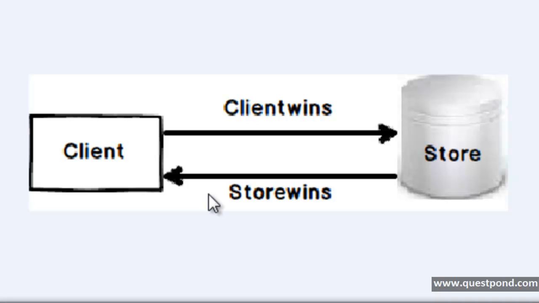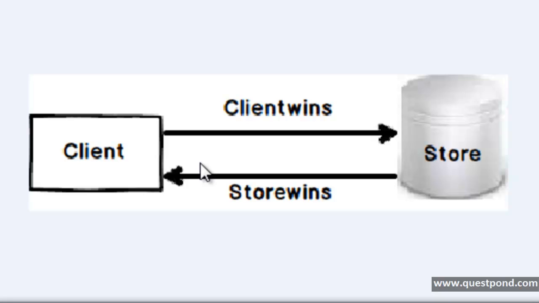So the user would like to do one of two things. He would like to update his data, that is the client data, to the database, that is the store, or he would like to get the recent data into his client, that is the Entity Framework object. As a developer, you would have to write a lot of code to implement both of these scenarios. But thanks to Entity Framework, we need to write just a couple of lines of code.